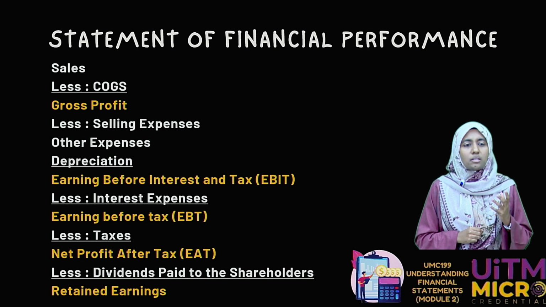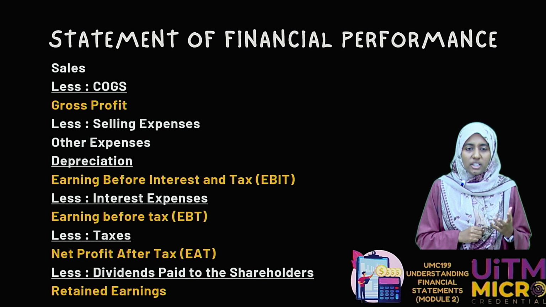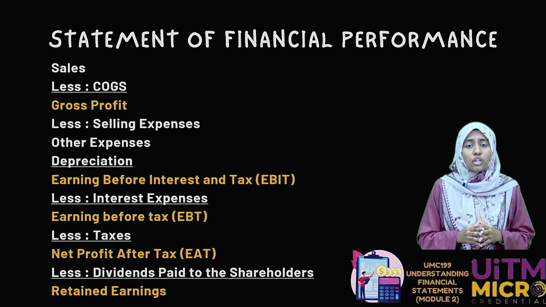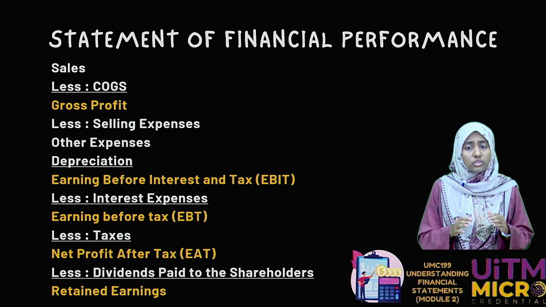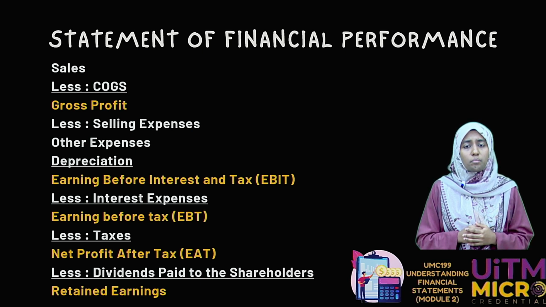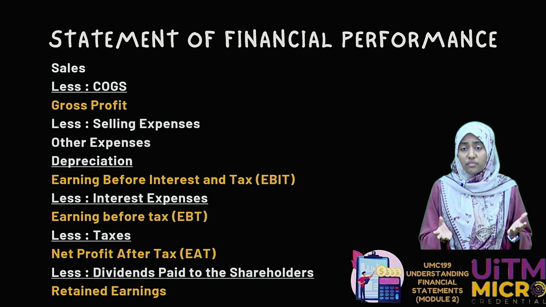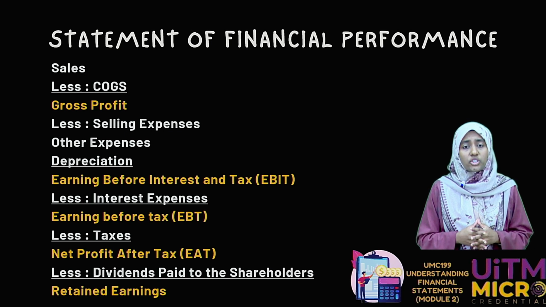It is like the money the company decides to keep for its own use instead of distributing it all to the shareholders. This amount is often reinvested in the business for growth, paying off debt, or saving for future ventures.